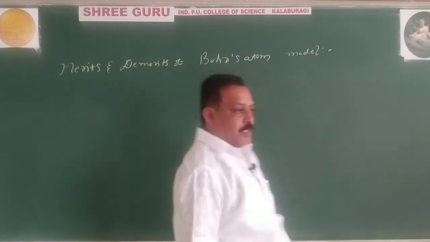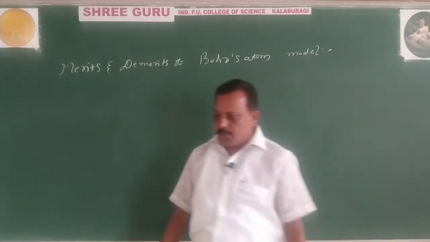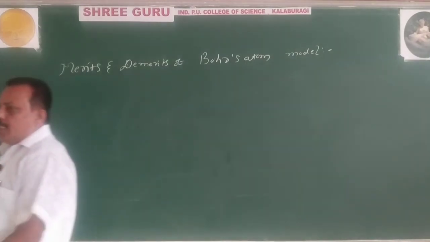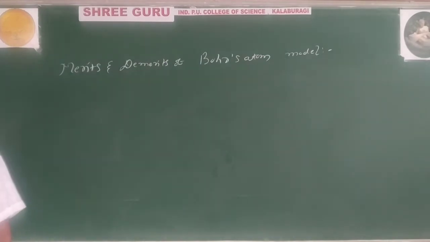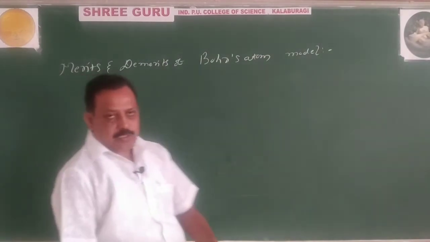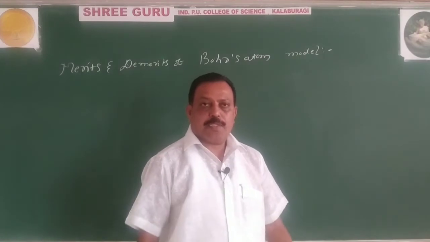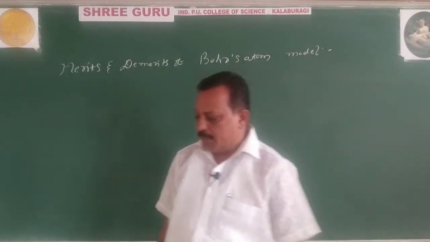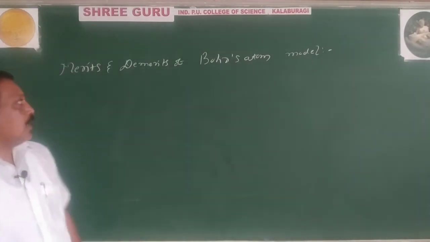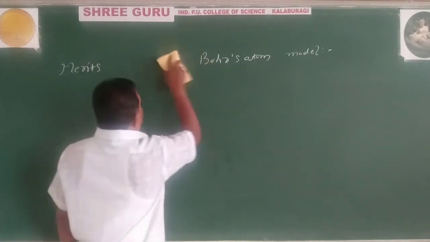Because of having the maximum merits, we still follow Bohr's atom model. There are certain demerits, and those demerits are rectified by using the vector atom model. Still today we accept Bohr's atom model because of its maximum merits. Then what are the merits of Bohr's atom model?